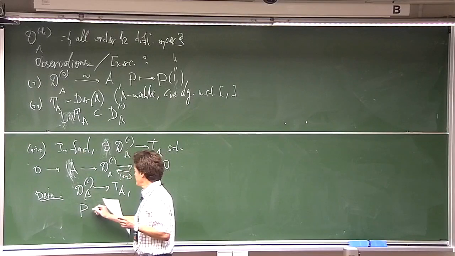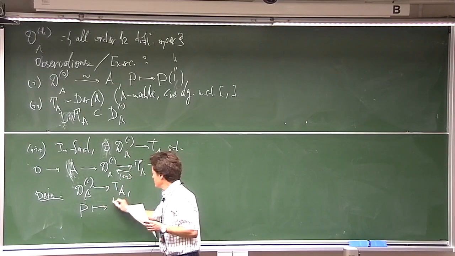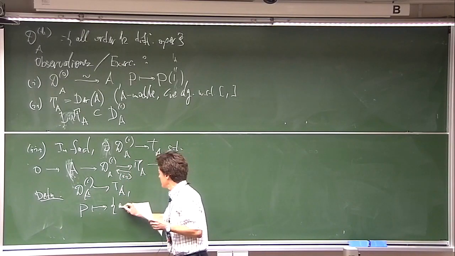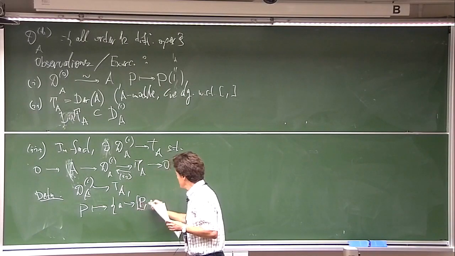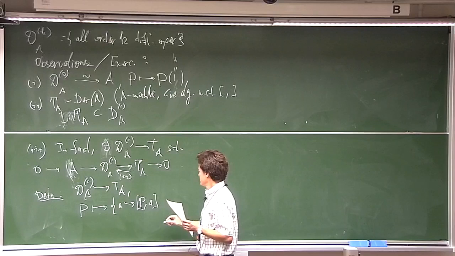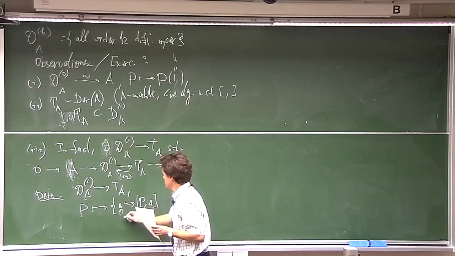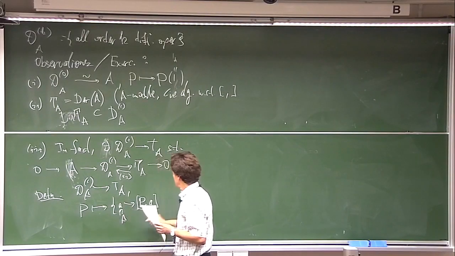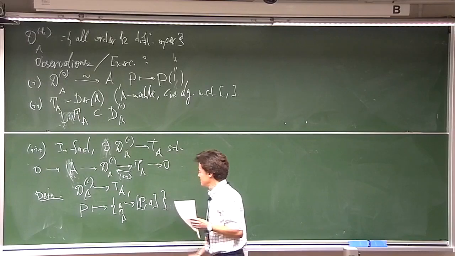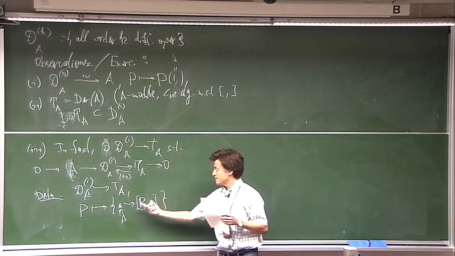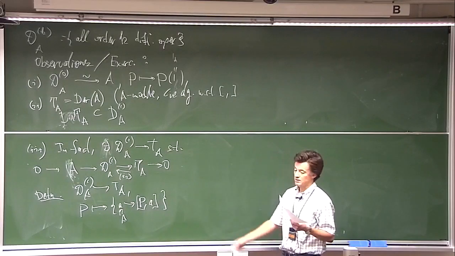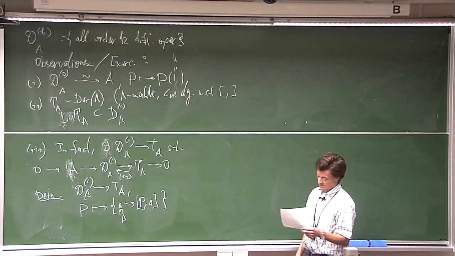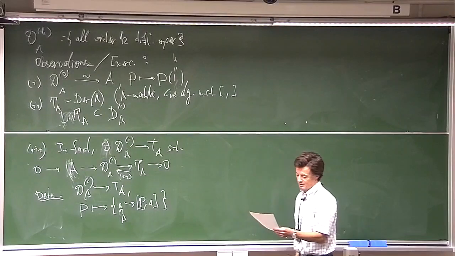An element P goes to the map that sends A to the bracket. It's a common story that bracket intends to be derivation. So that's what's supposed to be done. And you're left with the task of verifying the details.